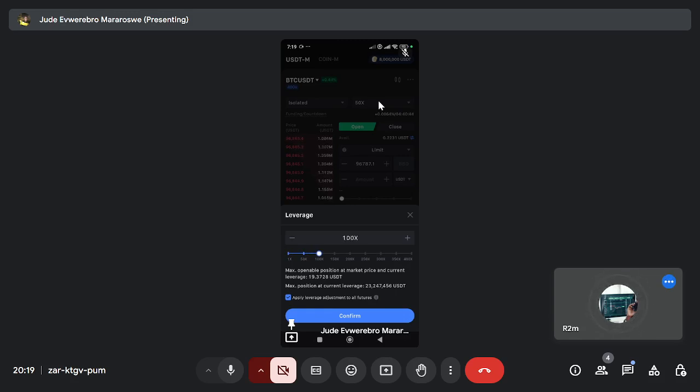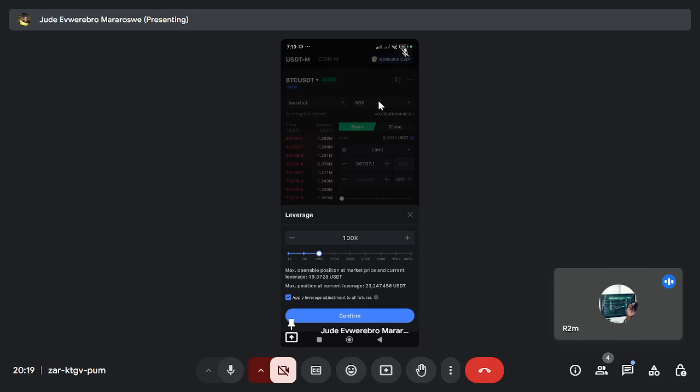Are you getting it? Yes, sir. So they will borrow you 100 times of your $10. 100 times 10 is how much? That's $1,000, right? So instead of trading with your $10, you will actually be trading with $1,000.